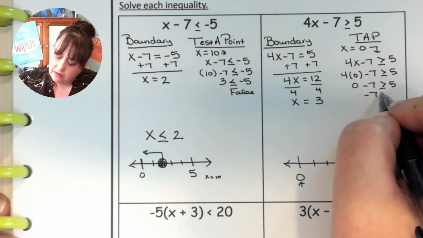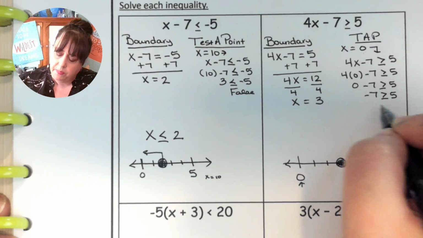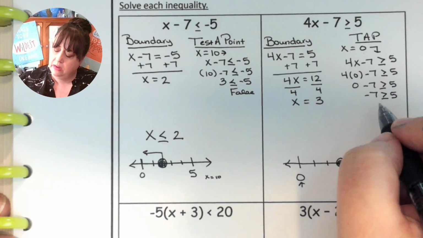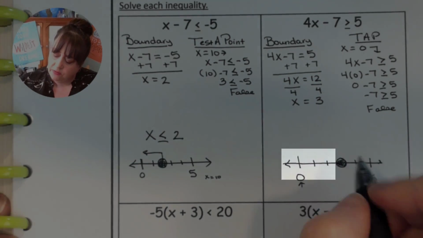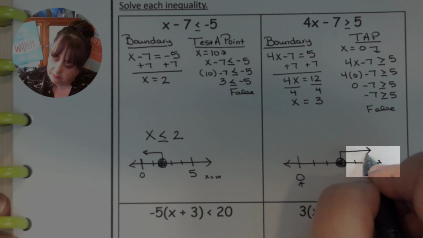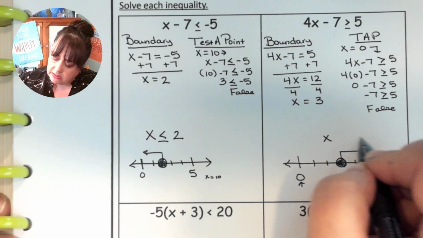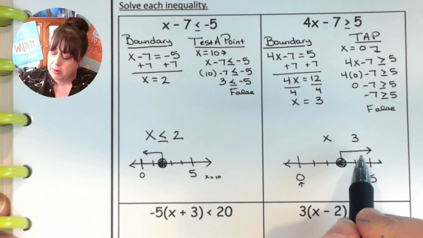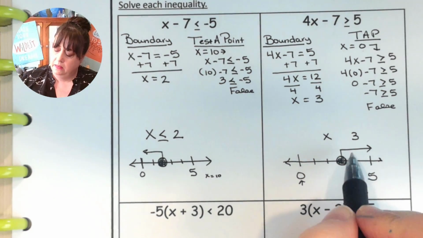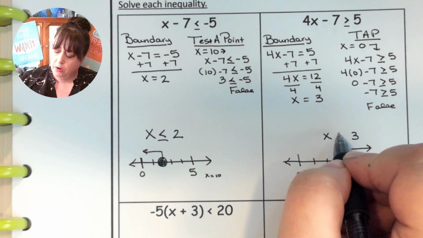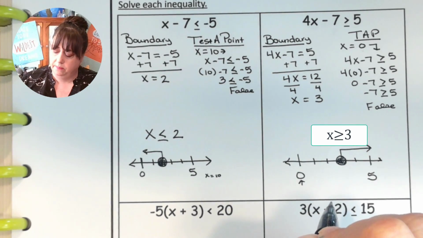Negative 7 is greater than or equal to 5? No. So I cannot go over 0. I must go the other way. If I compare x to 3, all of these numbers are greater than 3.